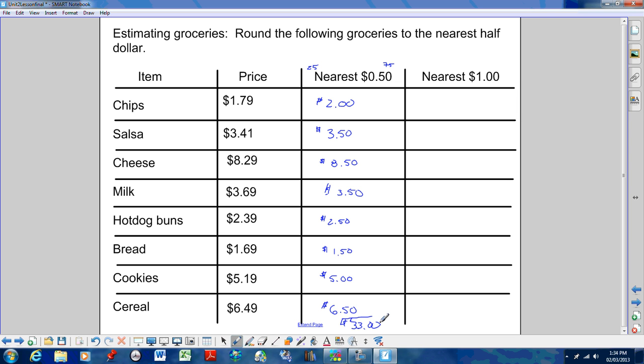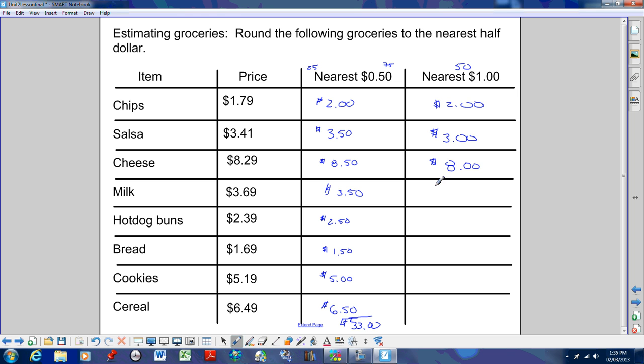Now we can round to the nearest dollar. If we're rounding to the nearest dollar, that means it's the 50-cent value that is the tipping point. So $1.79, the chips, we would round to $2. $3.41 is going to round back to $3. $8.29, it's less than 50 cents, so it's going to go to $8.